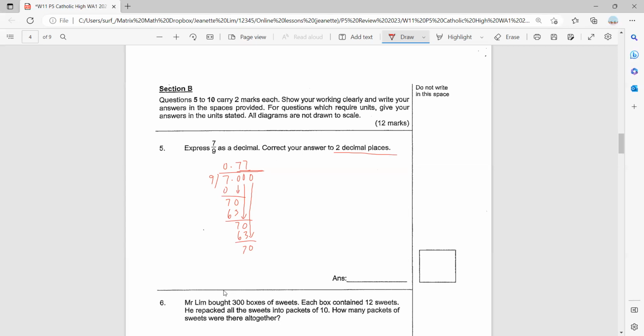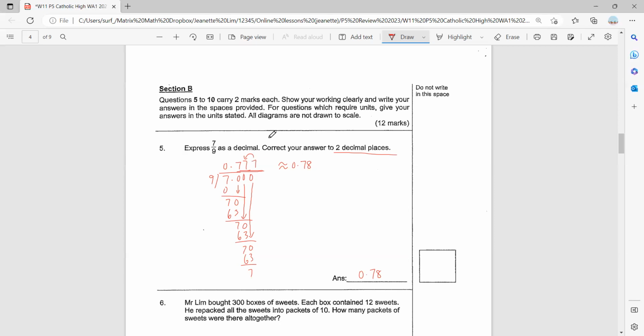But if you continue one more decimal place, then you realize that the next number is a 7, so I cannot leave it at 0.77. I should leave it as 0.78. So 0.77 is wrong, 0.78 is correct. Because if you don't do the third decimal place, how do you know whether to round up or round down? That's the reason, not because it's supposed to be like that.